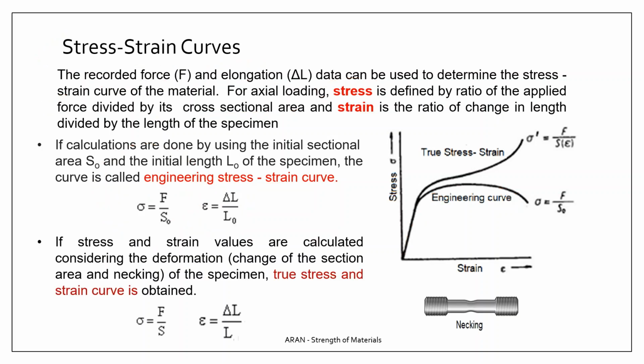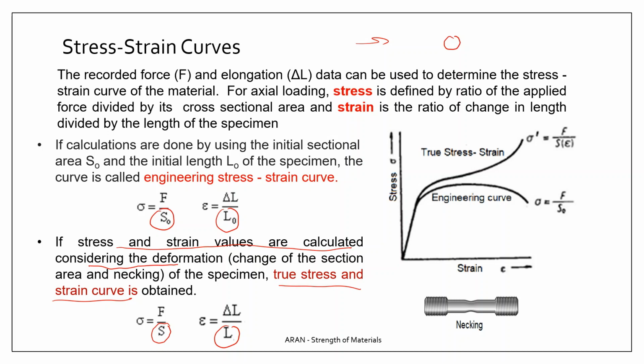We know that during the test the specimen will become longer and the cross-section will become smaller. So the instantaneous S and L values are different from the initial values. So if you consider this deformation in calculating the stress and strain values, then we will obtain a different curve, which we call the true stress-strain curve.